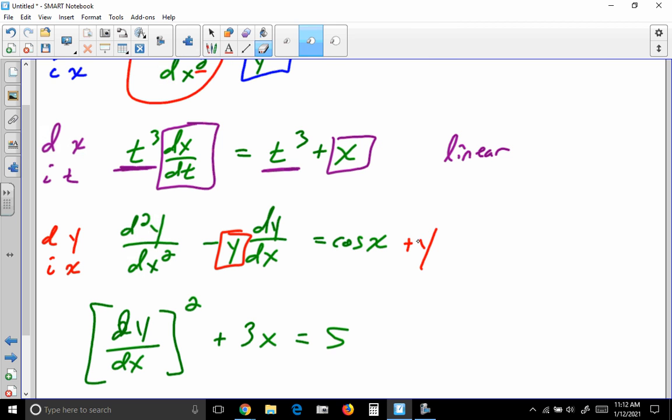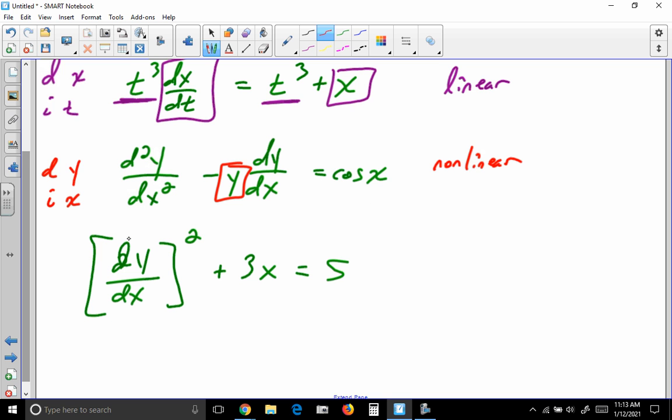But since they occur in the same term, we have a y here, something with respect to y, and a y here. We have more than one y, so essentially we have y squared or y to some other power. That makes it nonlinear. So if we have a y and a differential of y in the same term, it's not linear.